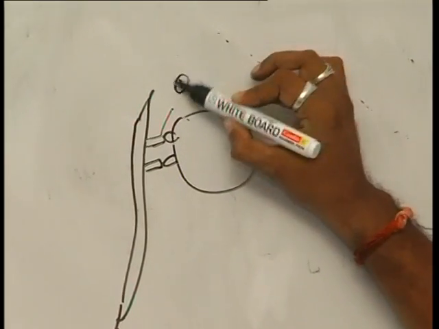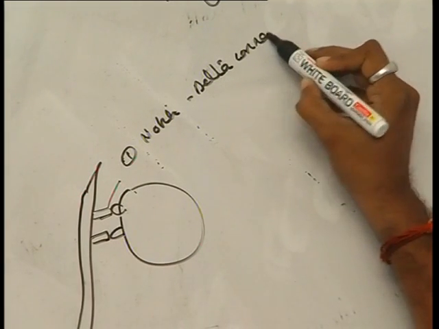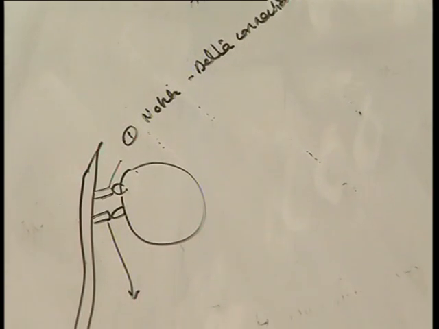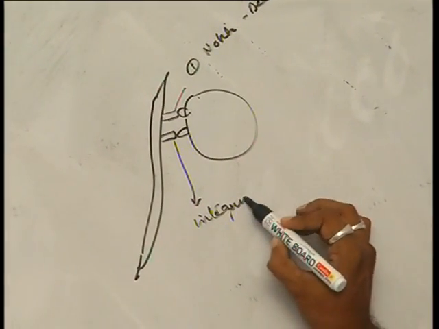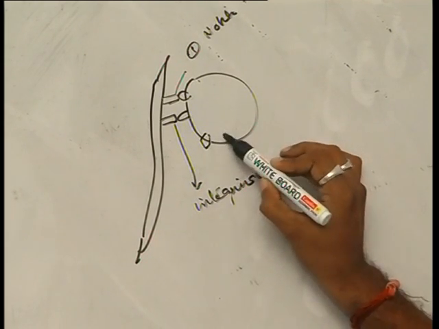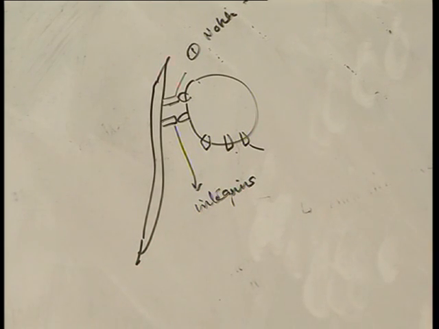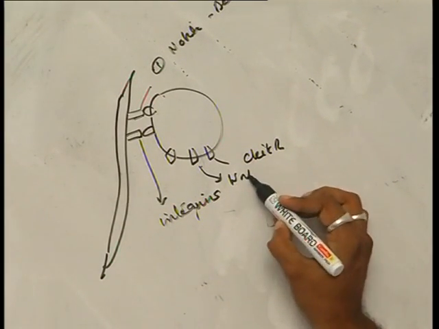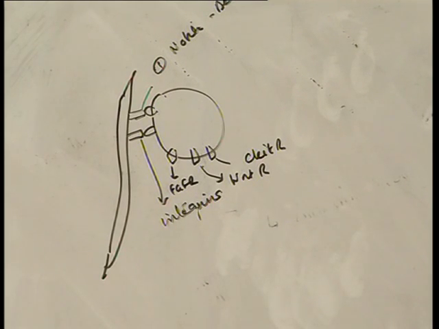The first connection is the Notch and Delta connection, and you have other connections like integrins and others. Then you have the receptors such as c-KIT receptors, and also WNT receptors and fibroblast growth factor receptors. All these receptors are there.